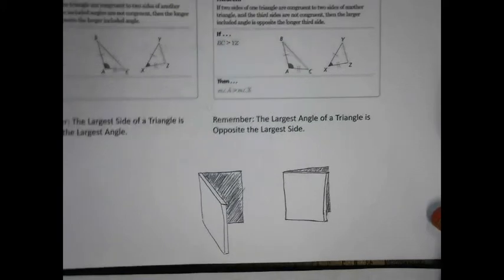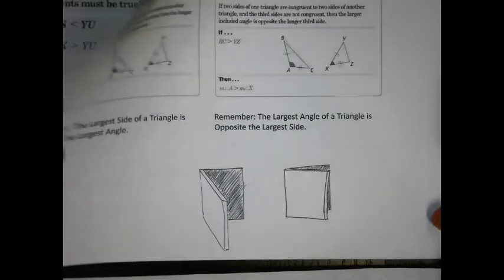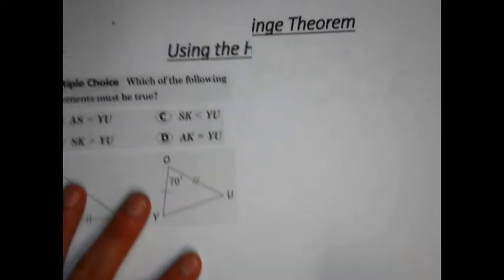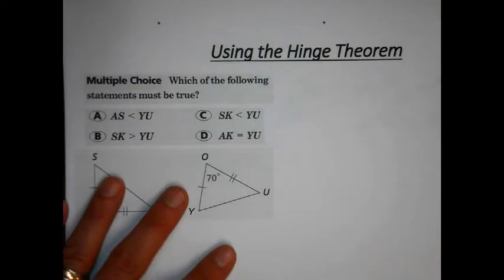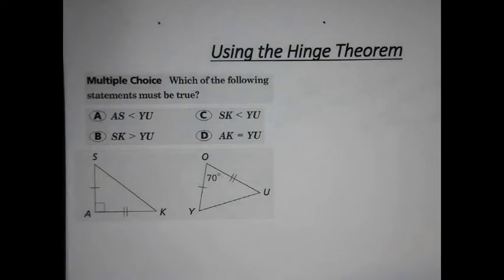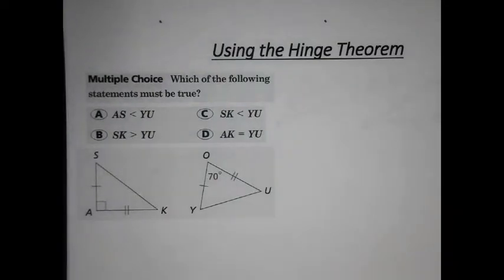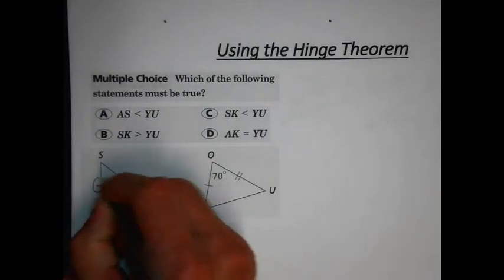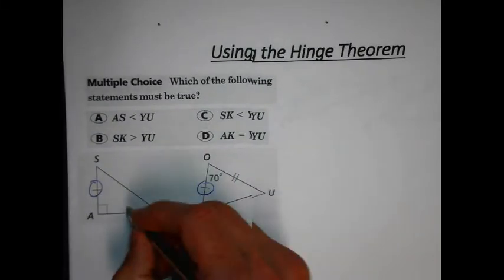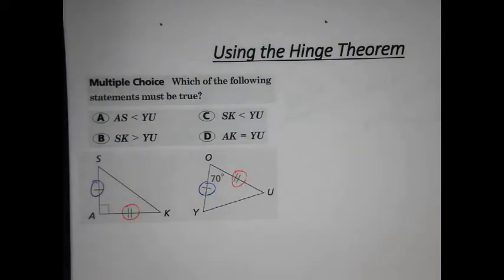Let's do some examples, and then that'll wrap up the unit. Take a look at this first example about using the Hinge Theorem. Which of the following statements must be true? In this diagram, we have a congruent side here and a congruent side here, so we have to pay attention to the included angle.